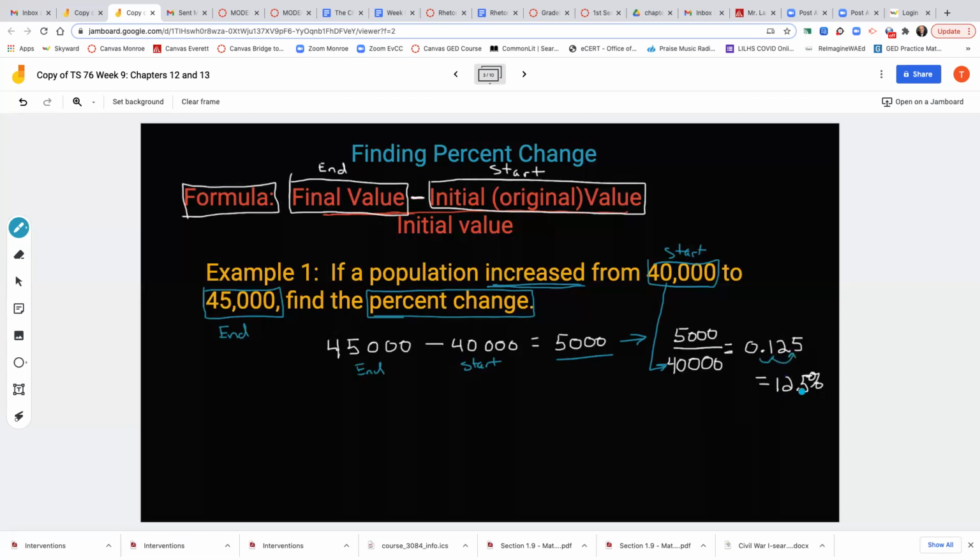And I got 12.5%, okay? So the question asked me for the percent change. It changed 12.5%. That's the percent change, okay? So this slide here is kind of like the key.